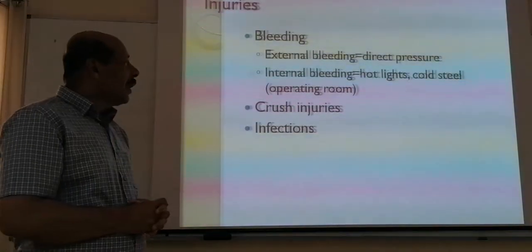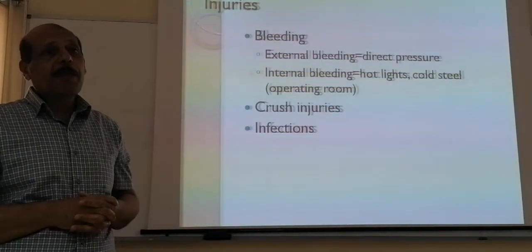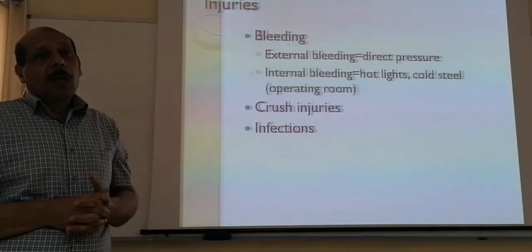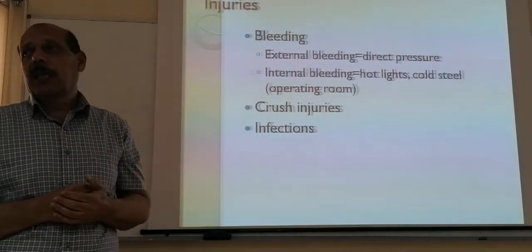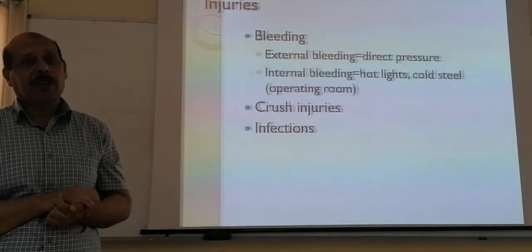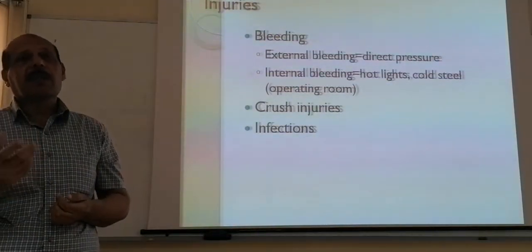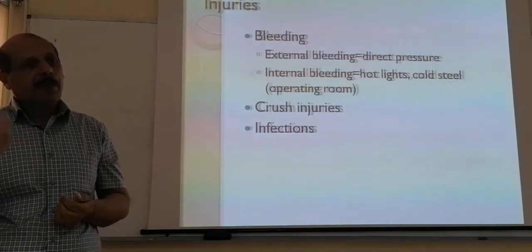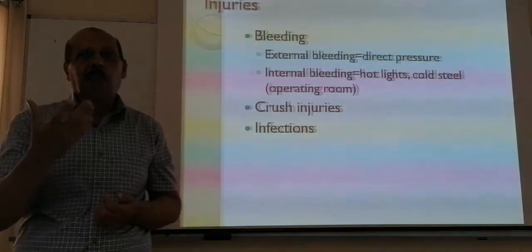But for internal bleeding, we have to know the signs and symptoms that might indicate that internal bleeding is there. If internal bleeding is there, usually the patient might be drowsy, and sweating might be there.